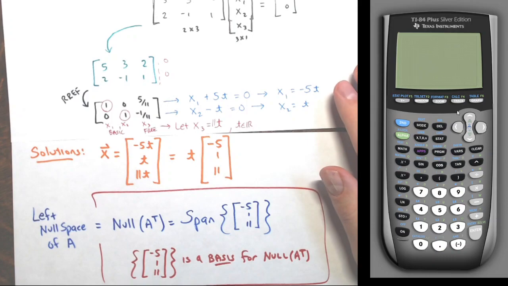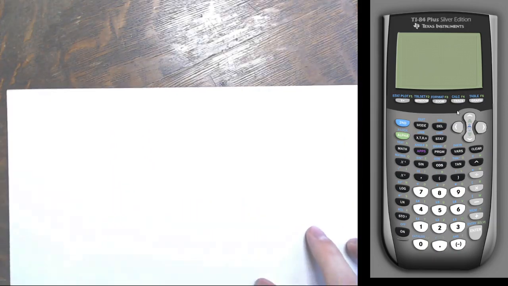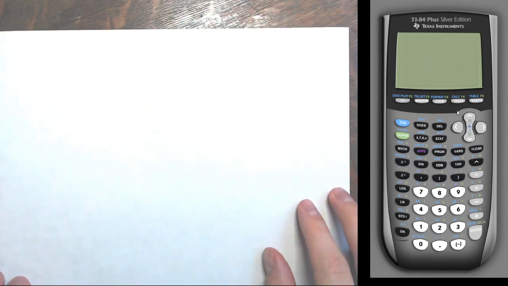Great. Now I want to just do, at the very end of the video here, this is the last video on all these what are called the fundamental subspaces of a matrix. So I just wanted to do a quick recap on this last page of the fundamental subspaces of a matrix. All right.